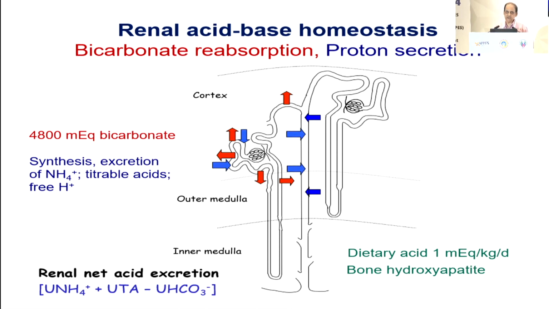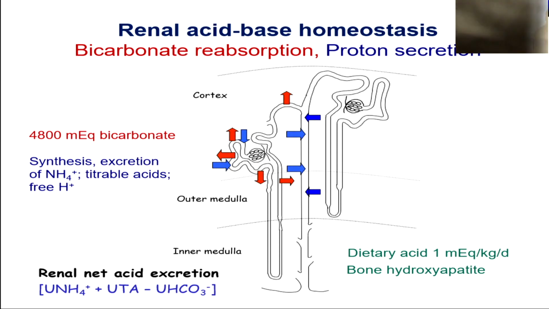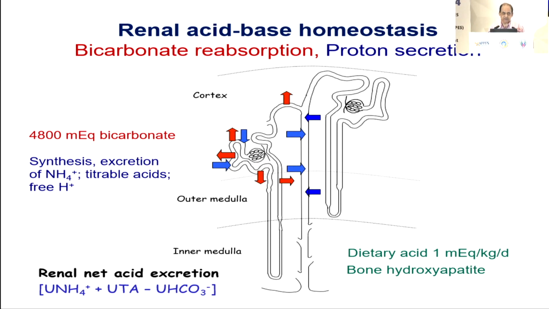But proton secretion is almost necessary because daily, when we consume a diet, chiefly an animal-based diet, one produces almost a milliequivalent per kg per day of protons, and these have to be neutralized. In addition, in children, when bone hydroxyapatite is being laid down, you are again consuming bicarbonate. So clearly one needs to regenerate bicarbonate, and by the process of proton secretion that happens chiefly in the distal tubule, one is able to regenerate bicarbonate.